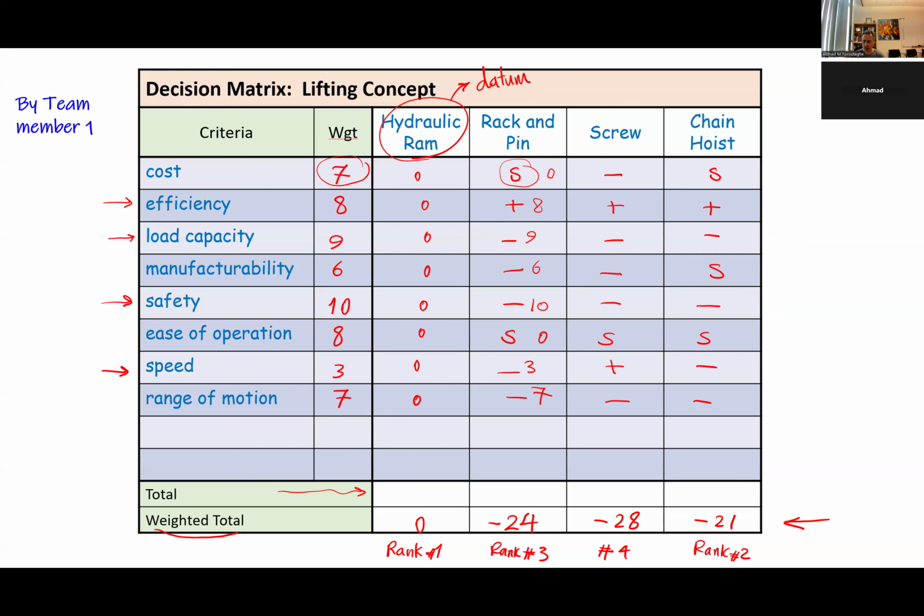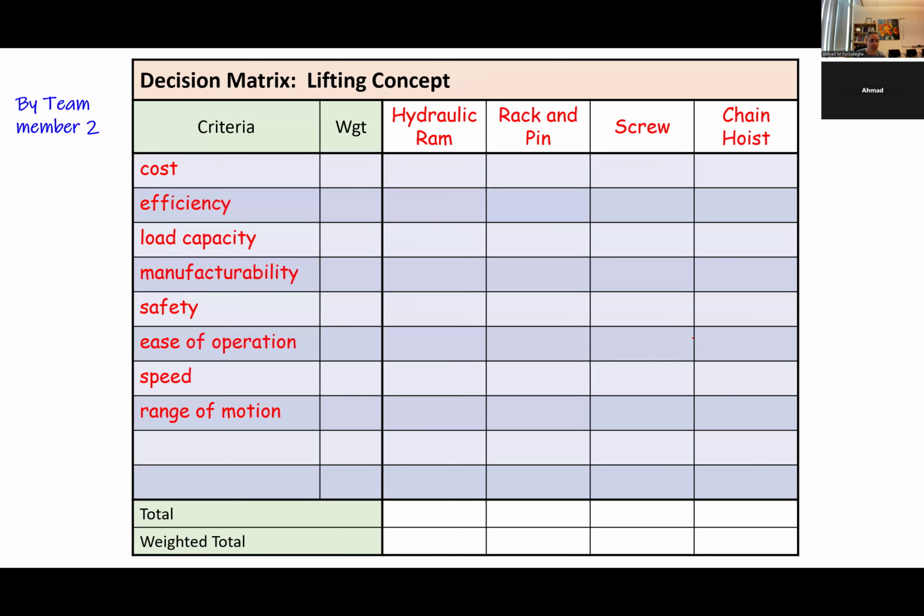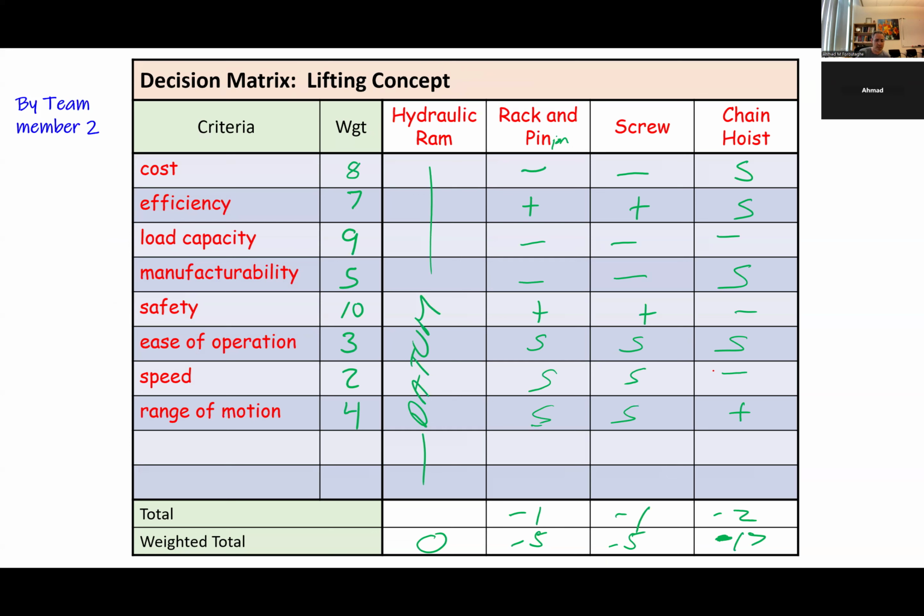Now that's my job. I pass it to the second team member, and they separately, independently, without looking at my score, do their scoring, and let's say they came up with this number. So according to them, again, they chose the datum to be the same, the hydraulic, and as we see, it seems this is their rank number one, and here, so we have -5 and -5.